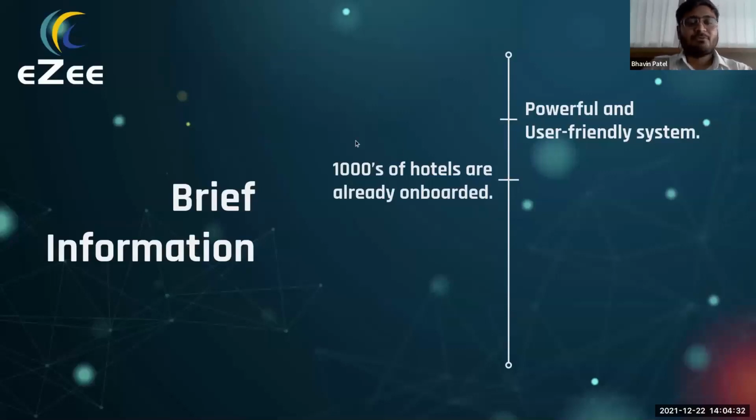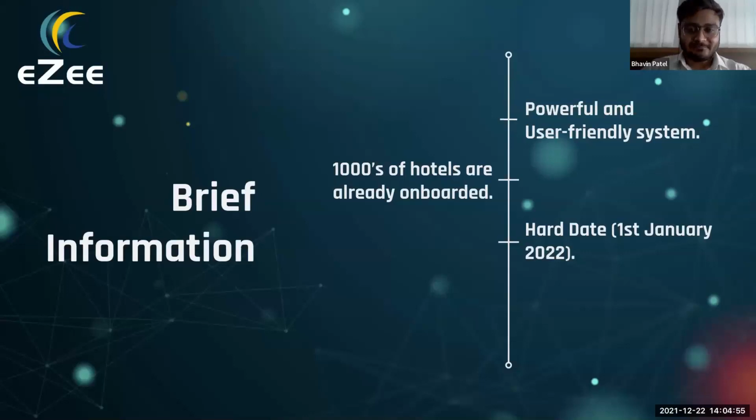I also want to share one piece of information with all of you who have joined today: on 1st of January 2022, we are rolling out our new user interface to all our customers, and they will be moved to the new system by 1st of January 2022.